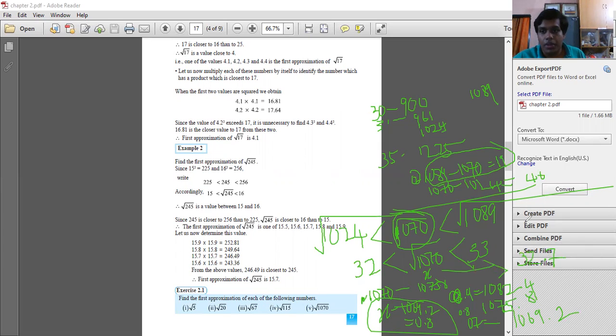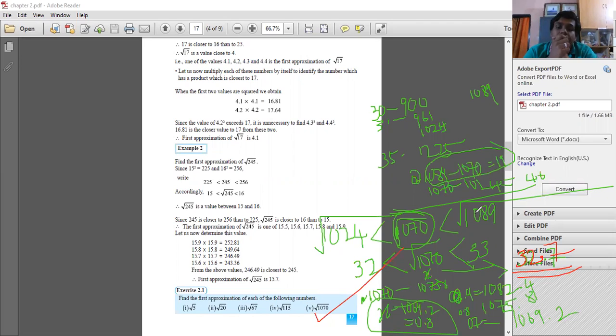Hence we will approximately say that 32.7 will be the square root of 1070. That is the biggest sum in your textbook exercise. Basically that is the approximation method.